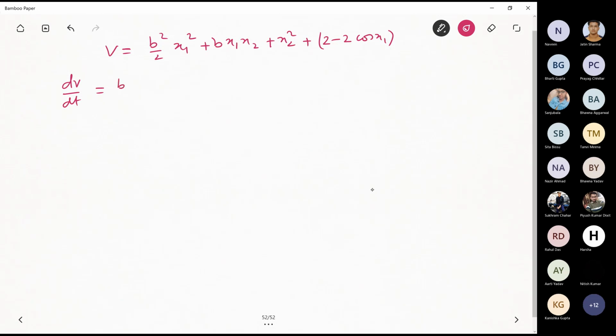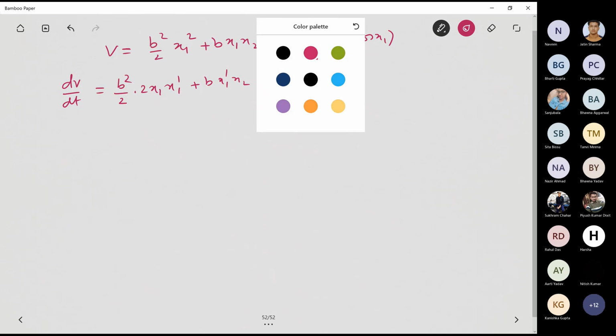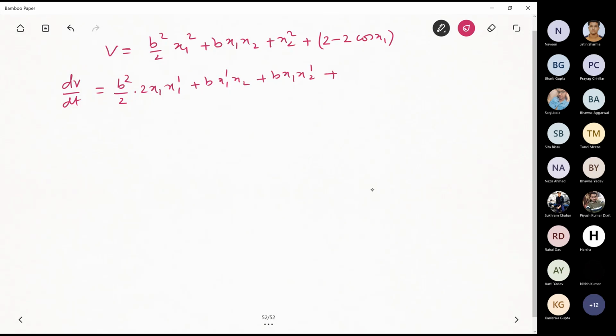The first one is going to be b square by 2 into 2x1 into x1 prime plus b x1 prime x2 plus b x1 x2 prime plus 2x2 into x2 prime, plus 2 sin x1 into x1 prime.